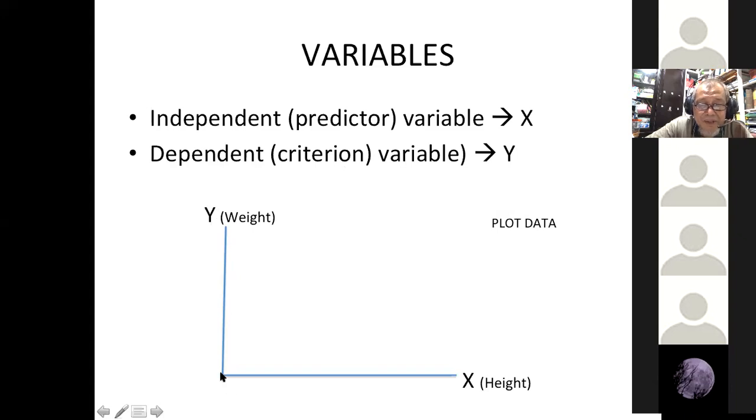And then the horizontal line is the independent variable X, or we call it predictor, while Y, the dependent variable, the criterion variable, is the vertical line. So when you plot your data, you have to remember that the dependent variable should be on the vertical line and the independent variable should be on the horizontal line.